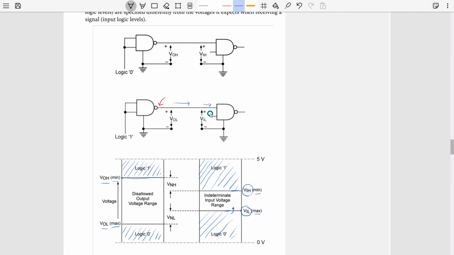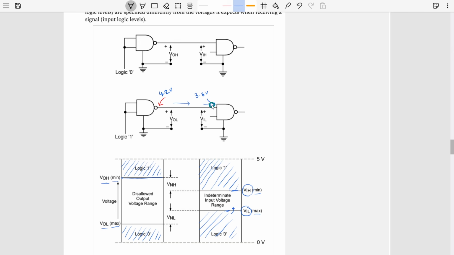So there can be many complicated things here in between these two gates, and in that condition any kind of noise can fluctuate and change the signal you are sending from here. That's the idea. So if you are, let's say, outputting 4.2 volt from the output, maybe because of some noise it has degraded to 3.8 volt, and that 3.8 volt we are getting here.